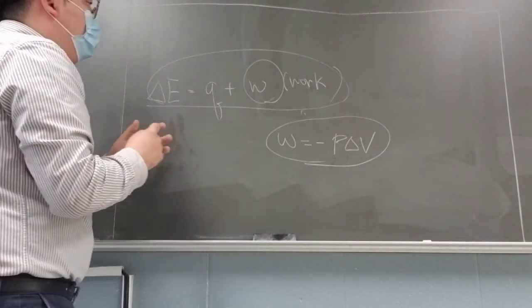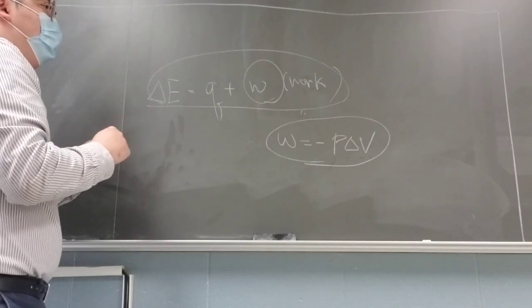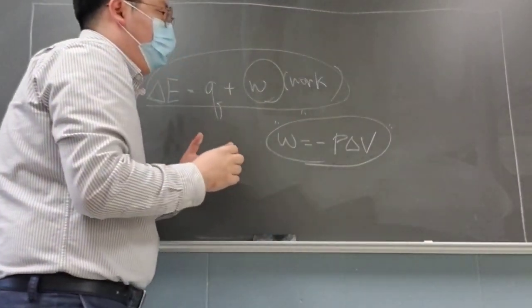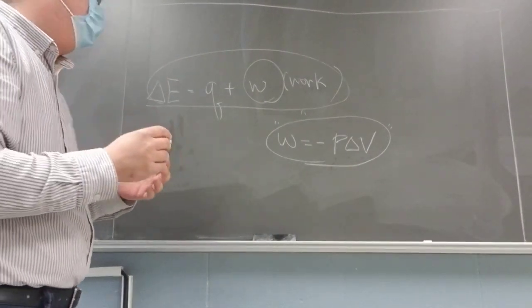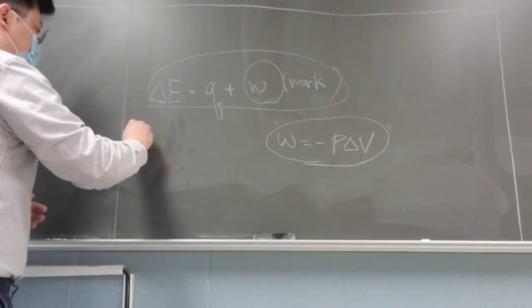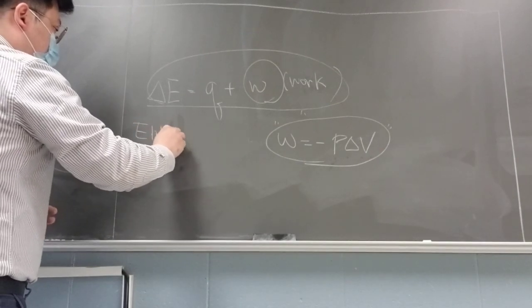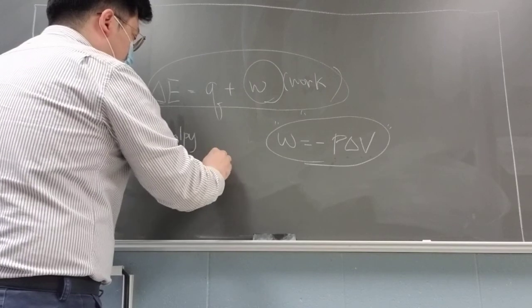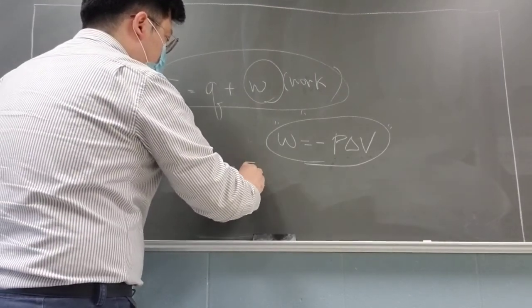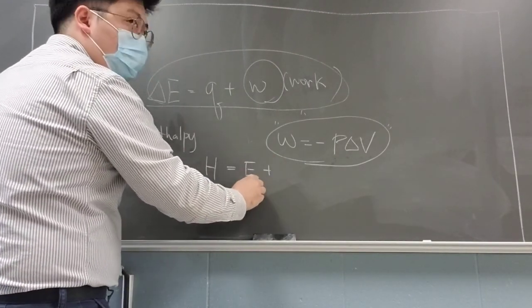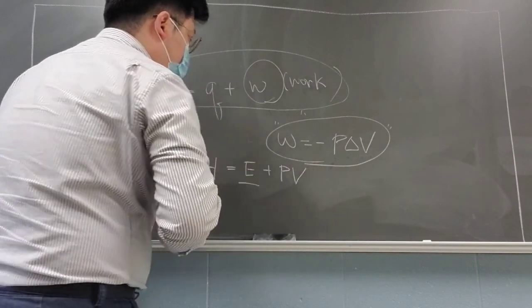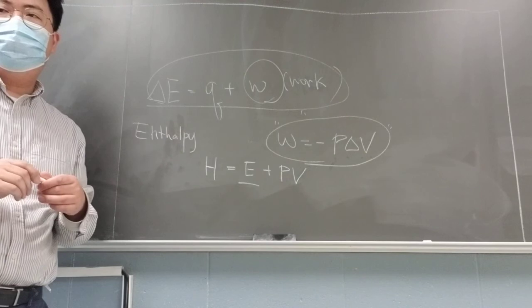This will become really important when we talk about the enthalpy. So enthalpy is once again the heat energy, equal to the internal energy plus the product of the pressure and volume over here.